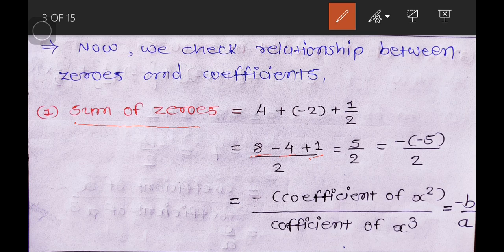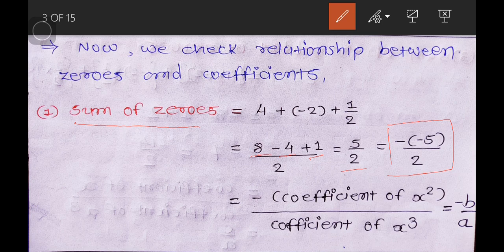So we get 8 minus 4 plus 1 by 2, which is 5 by 2. We can write 5 by 2 as minus into minus 5 by 2.